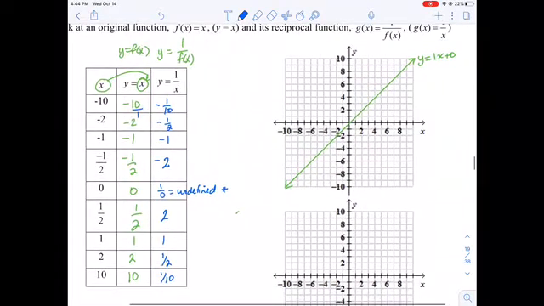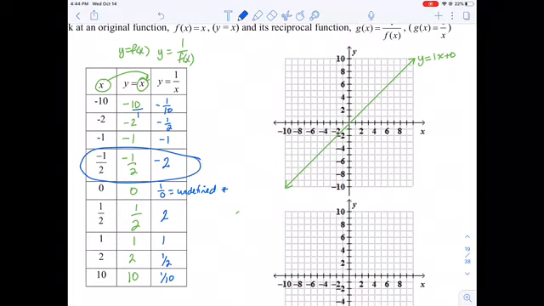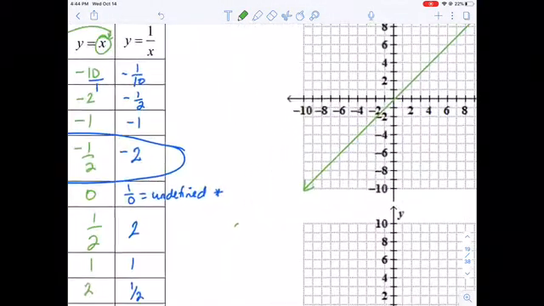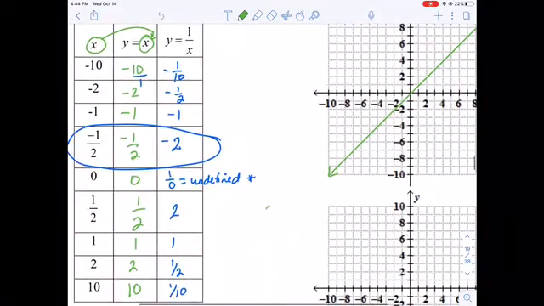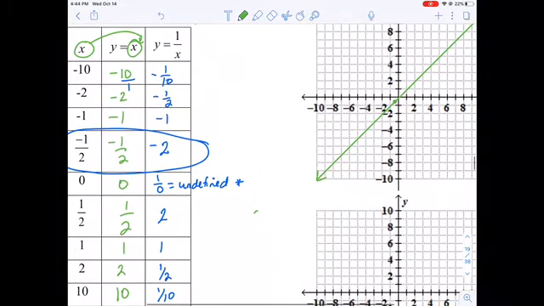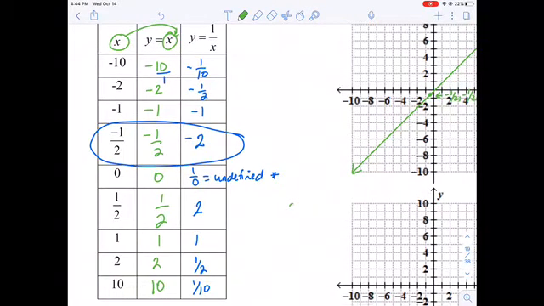So let's look at some of these values. Let's just pick these 2 points, okay? We'll plot a couple of these. On my original function, when x was -1/2, y was -1/2, which was down here. Here's the point, -1/2, -1/2.